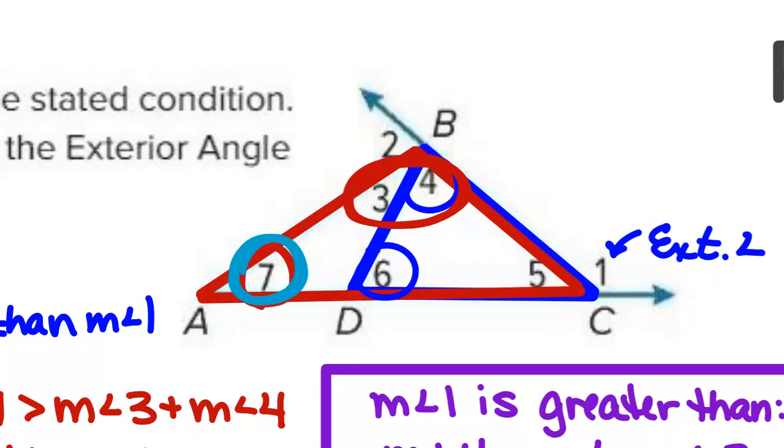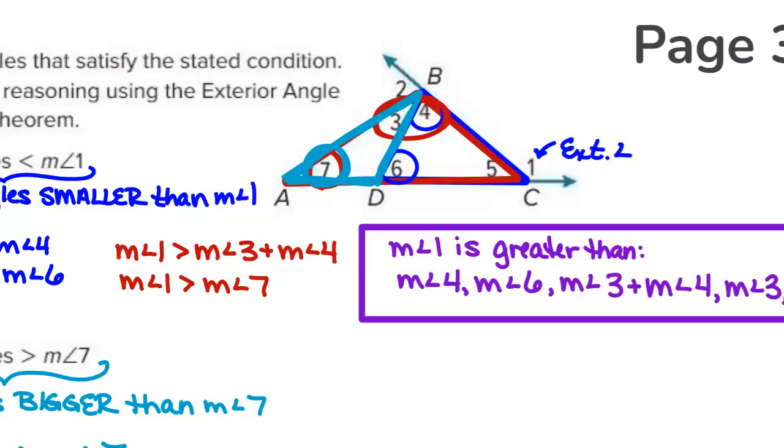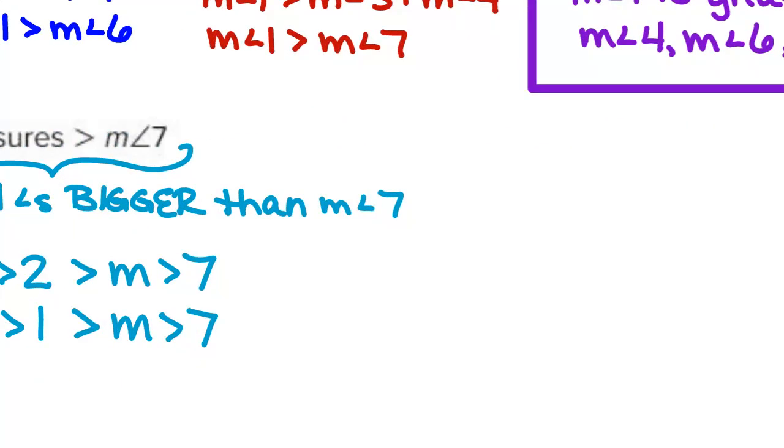I see 2 more. I want you to look at this light blue triangle right here. What would be exterior angles of that light blue triangle? 4 and 6. So it's also bigger than angle 4, or sorry, smaller than angle 4 and smaller than angle 6.